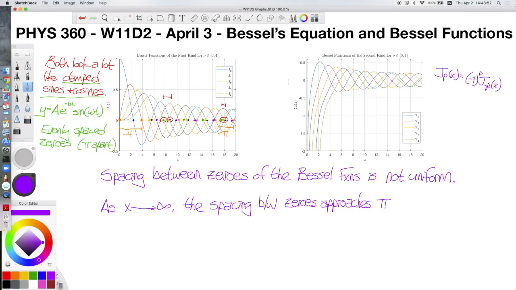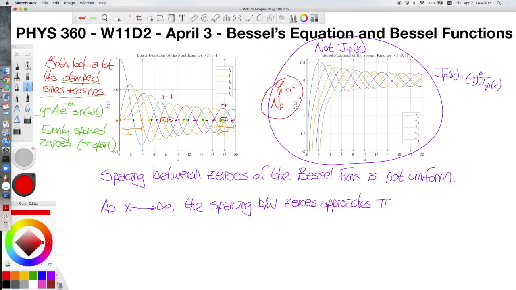Note that these are not our j sub minus p of x expressions right here. These are instead our y sub p or n sub p expressions. So this is already the linear combination of our j sub p and our j sub minus p functions that we found on the previous slide.